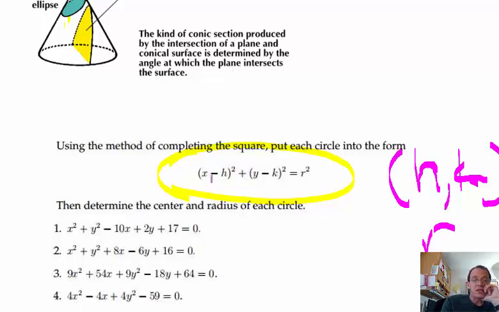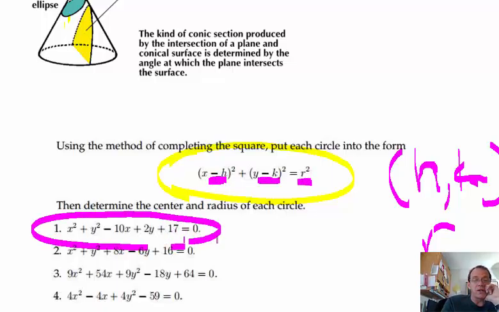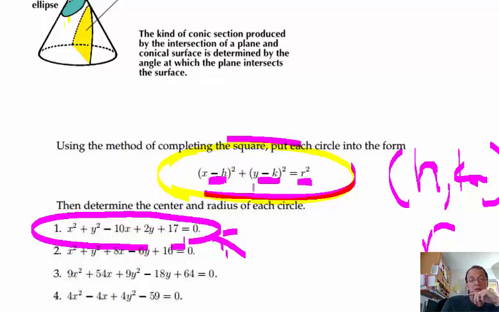So you can see that the center is indicated by these two numbers and that the radius is indicated by this number. Well, in this form, it's not real clear what that is. So we need to rewrite this form algebraically in a way that makes sense and allows us to quickly find out what the radius and the center are.